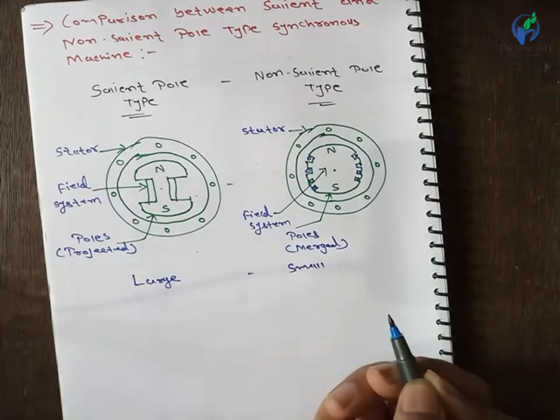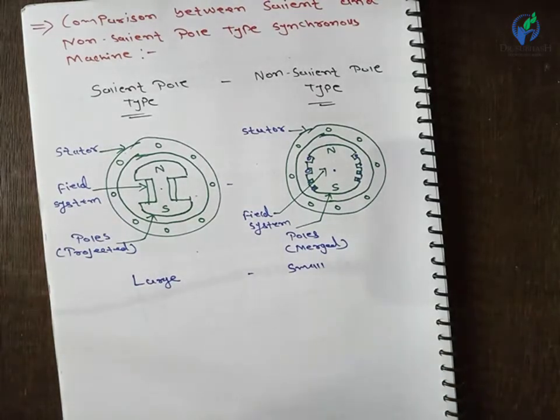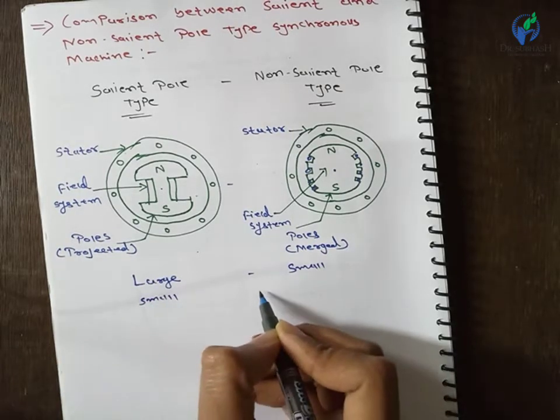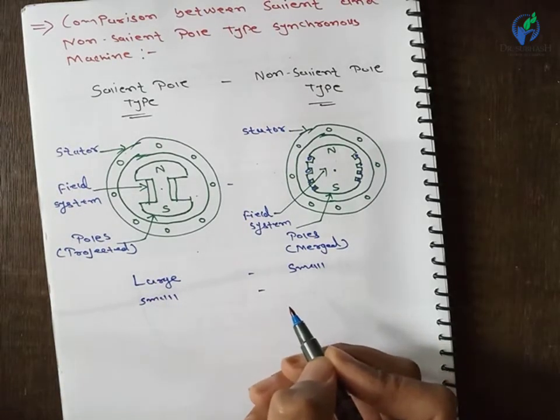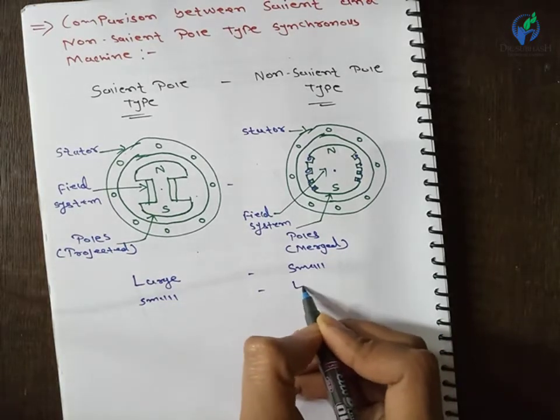In the axial length of the machine, in the salient pole type construction, the axial length of the machine is small, while in the non-salient type machine the axial length of the machine is large.